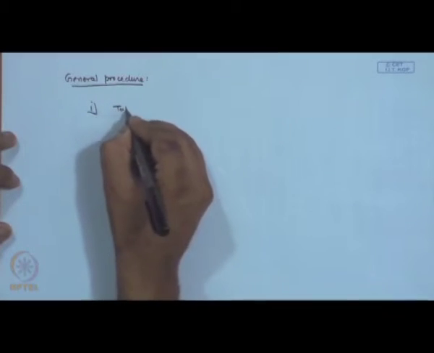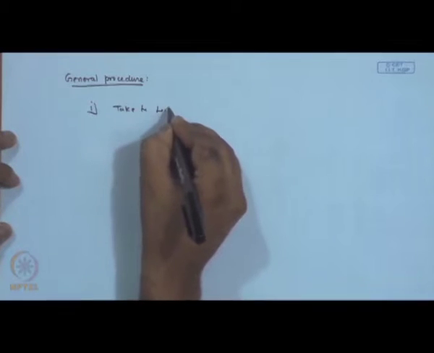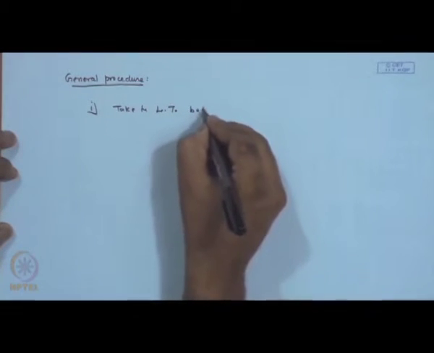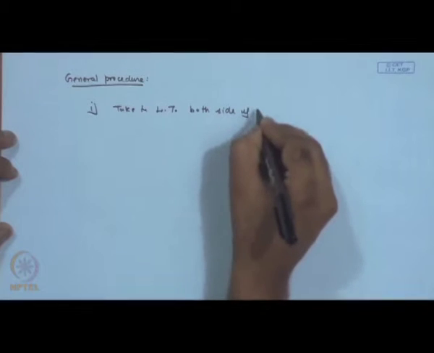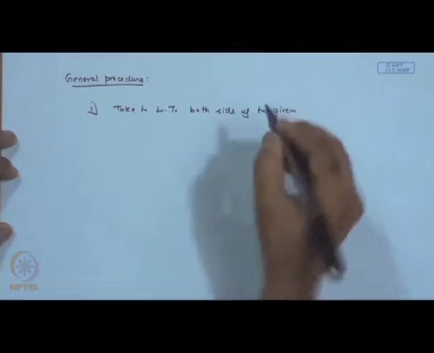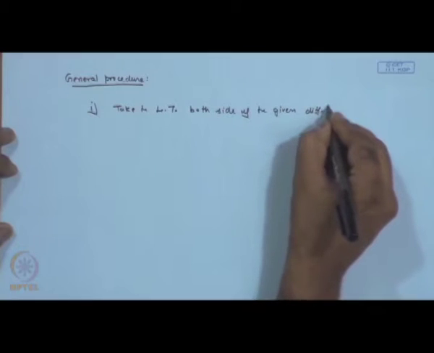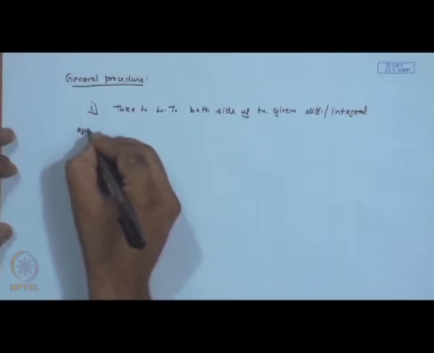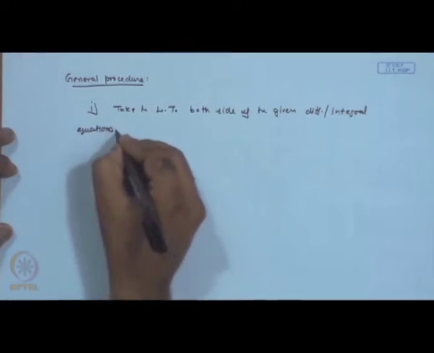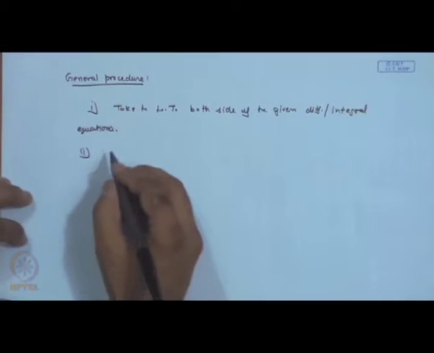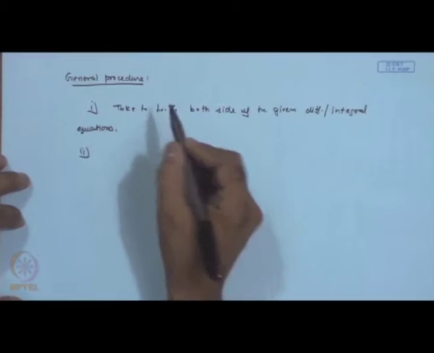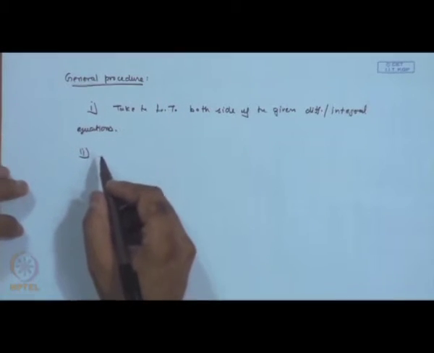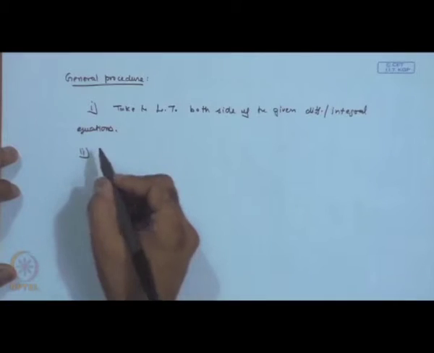The general procedure is that first we take the Laplace transform of both sides of the given differential or integral equation. In the second step, after taking this Laplace transform, we will get either an algebraic equation or an ordinary differential equation.